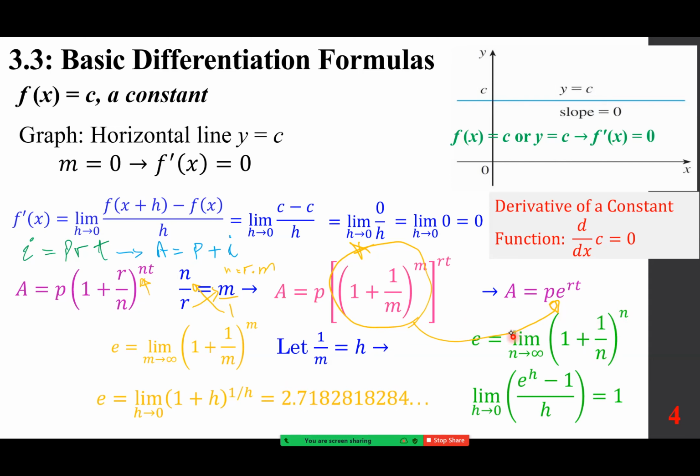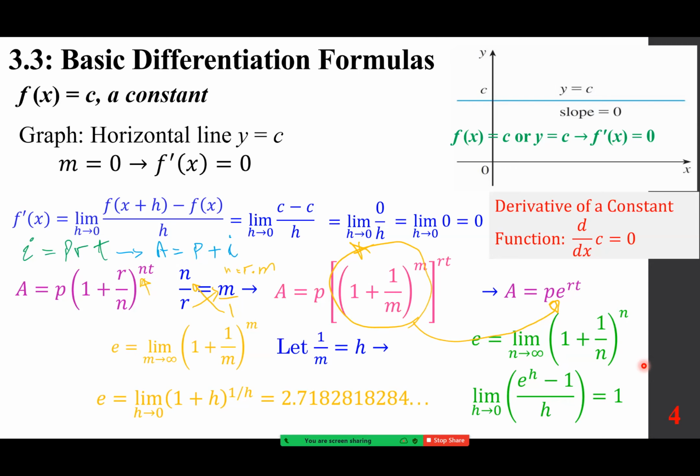We had m here, you can change it to n or x, and that's fine. And this definition, the limit of e to the power of h minus 1 over h as h approaches 0 equals 1, is another way of discussing the number e. We will get to that later on, and we'll show the definition.